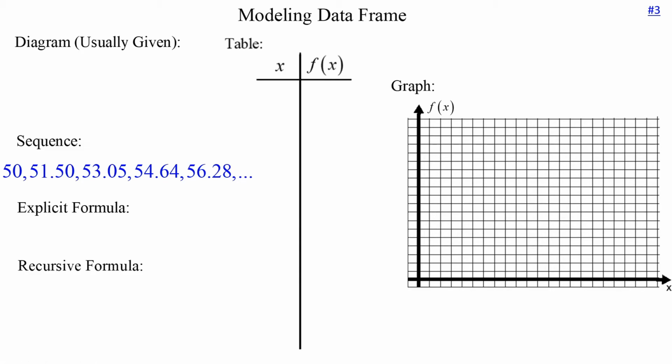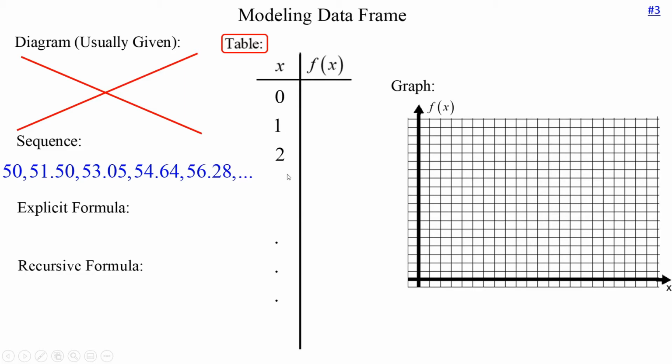All right, let's do the rest of our models. So x equals, well, we said we were going to start with a 0. No diagram necessary. And I wonder if I can just go ahead and go by ones here. Keep it simple. 1, 2, 3, 4, and so on for every x right there. Now, f of x.